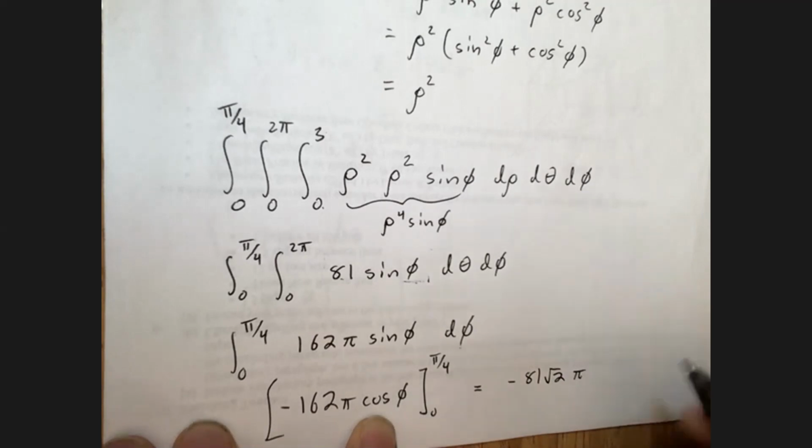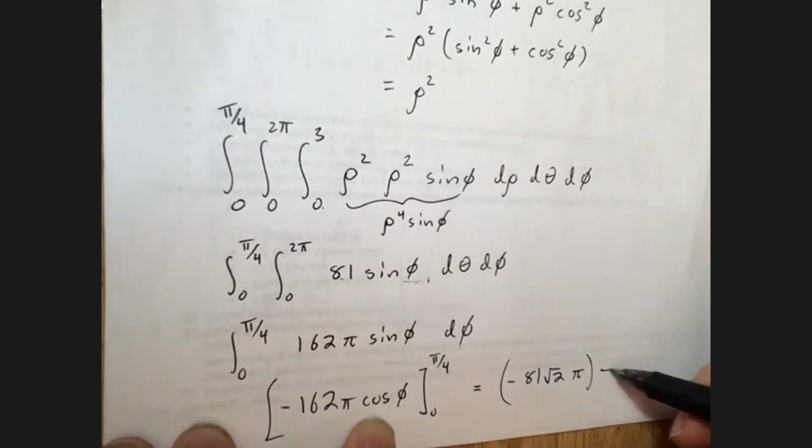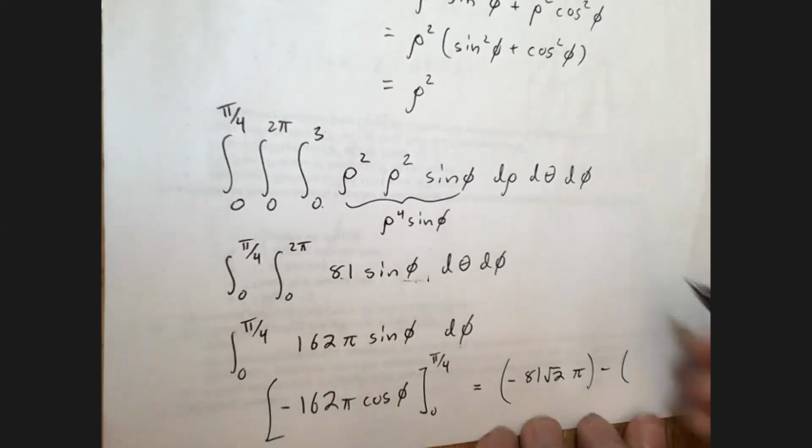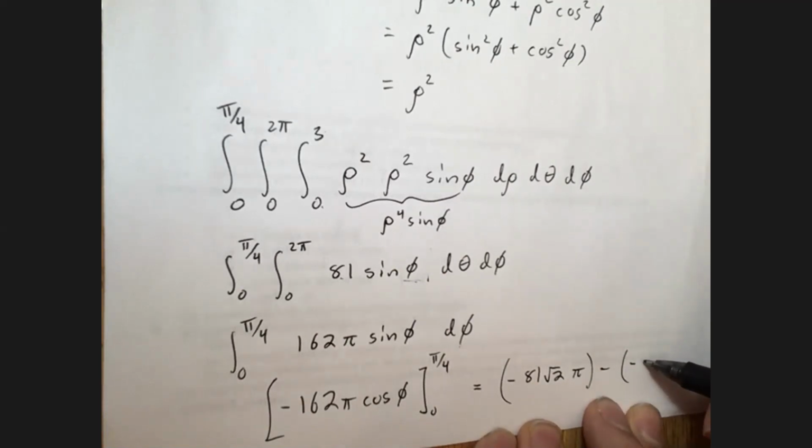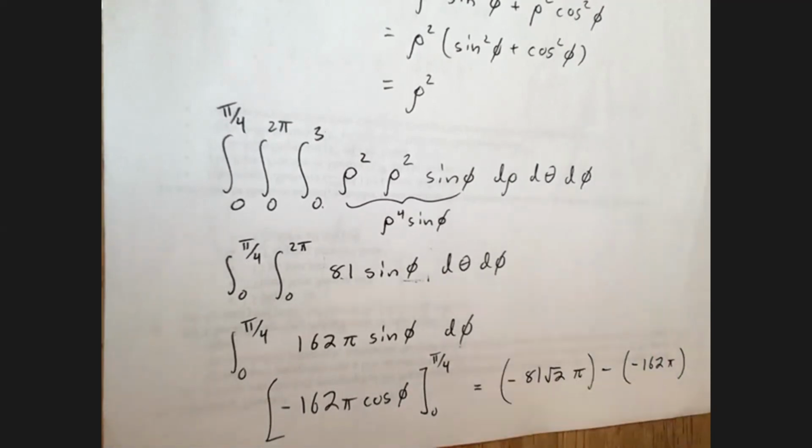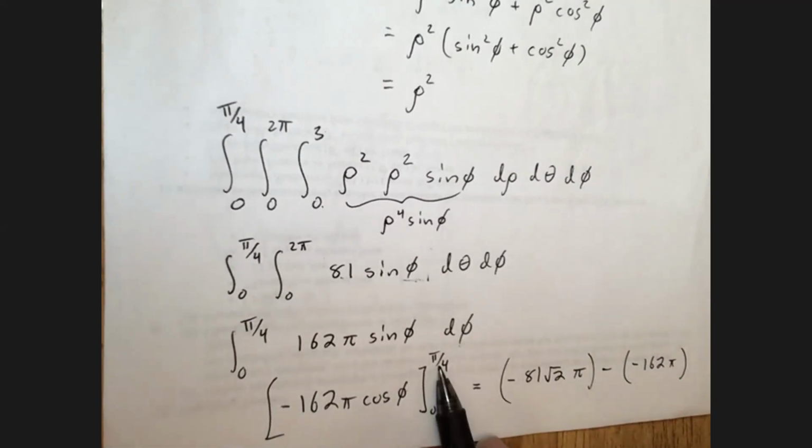Now, what about when I plug in 0? Well, I get minus 162 pi, because cosine of 0 is 1. Cosine of pi over 4 is root 2 over 2, so I just multiplied this by root 2 over 2, and I get this.